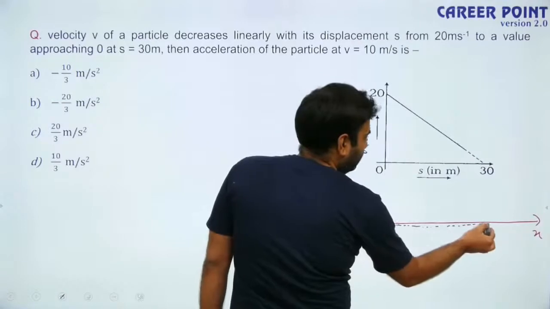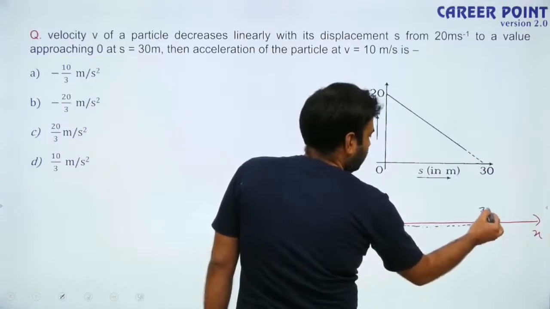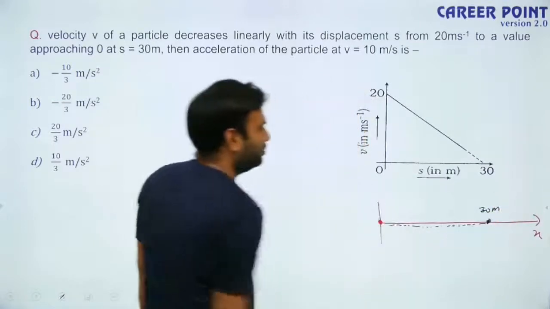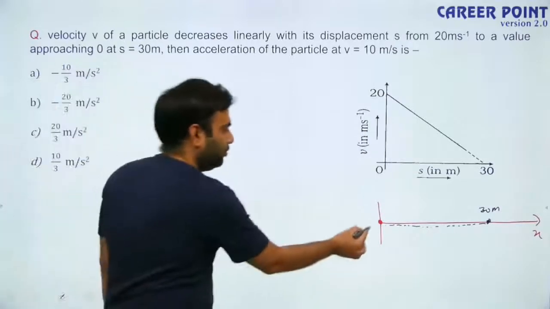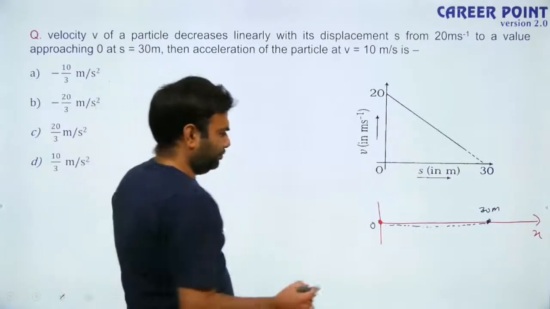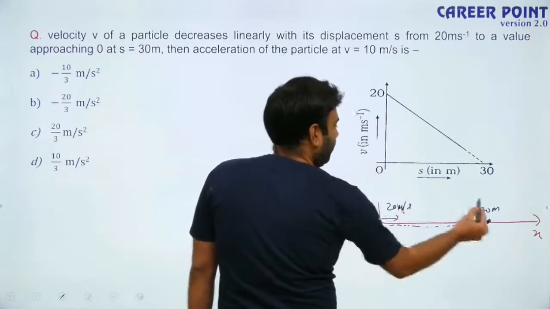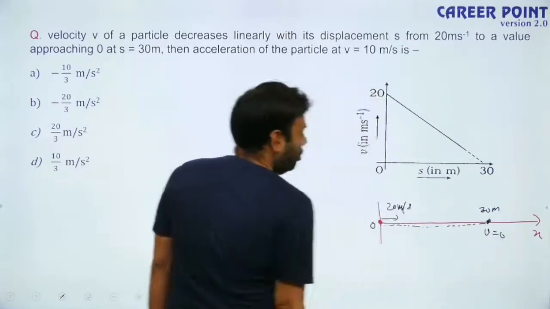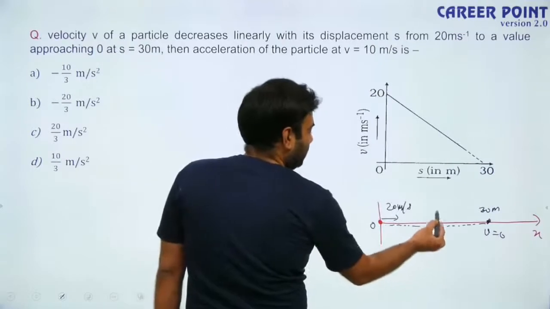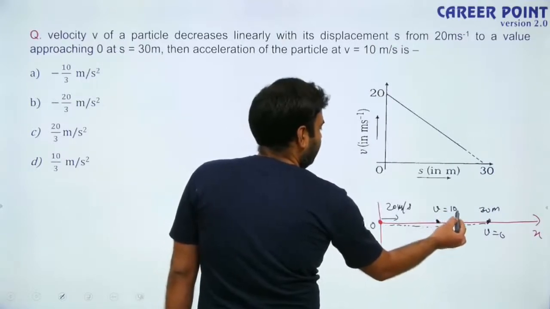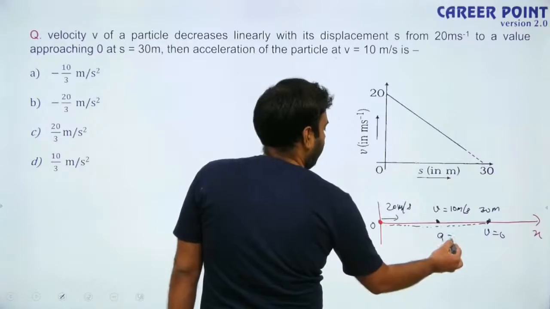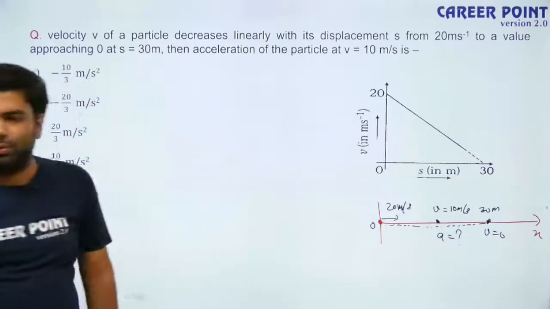So after the displacement of 30 meter, it stops. Initially its velocity was 20 meter per second, finally its velocity becomes 0. So when its velocity is 10 meter per second, you have to find the acceleration. This is the question.